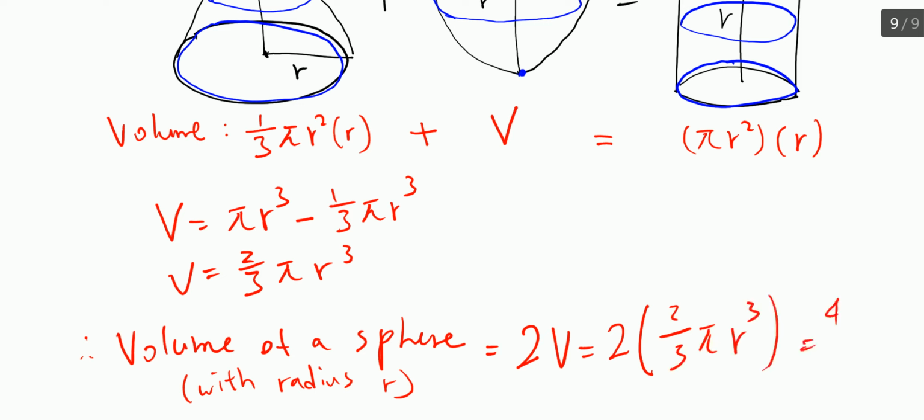So we obtain the formula 4/3 pi r cubed. Actually, this is not difficult for you to memorize, but why we have such a formula is a little bit difficult. So I just hope you not only memorize the formula, but know a little bit why we can have that formula.